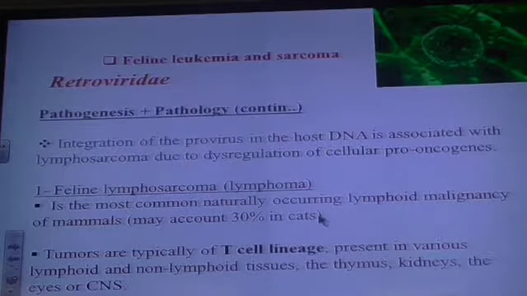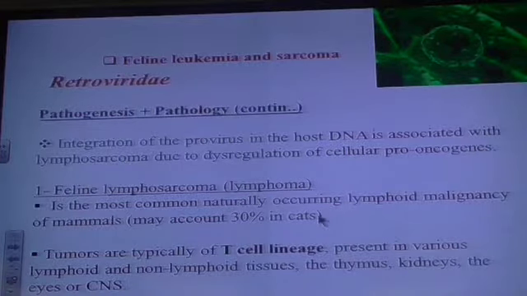Now, obviously, because of the integration also, you have phases when the P27 protein is found in the blood circulation. And in fact, what happens is that it takes about 1 to 2 months before you see any protein coming from the virus, the P27, in blood circulation. What this means, if it is a recent infection, the animal will test negative.